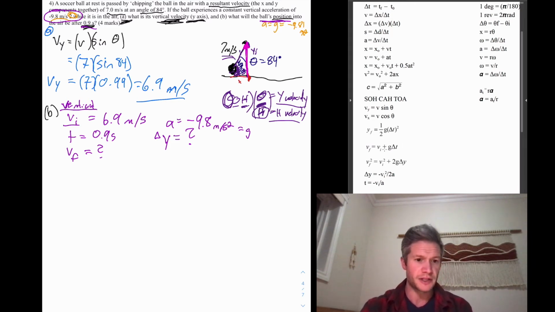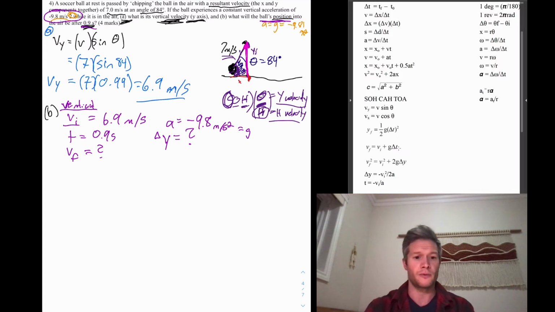So now I have this equation. Okay, velocity final. I don't have that. So right away, that raises a flag for me because I'm looking for a change in position.